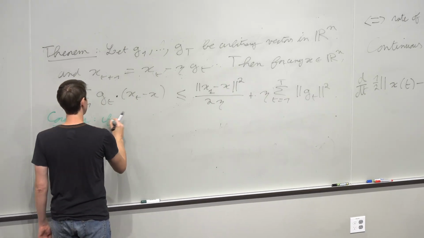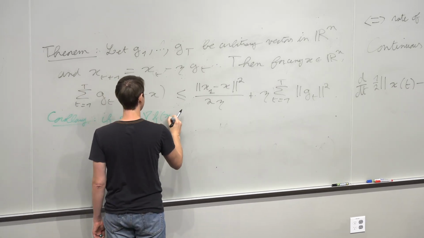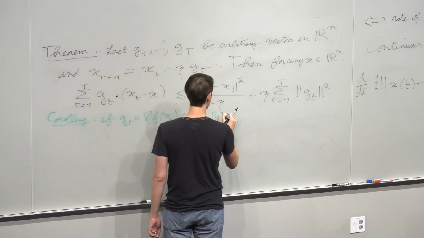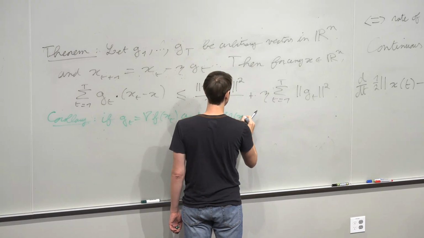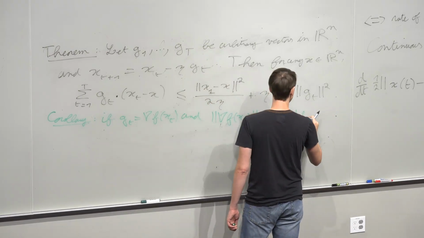Okay, so let's say corollary. If g_t is equal to grad f of x_t, and the norm of grad f of x_t is smaller than L, then we have the following.